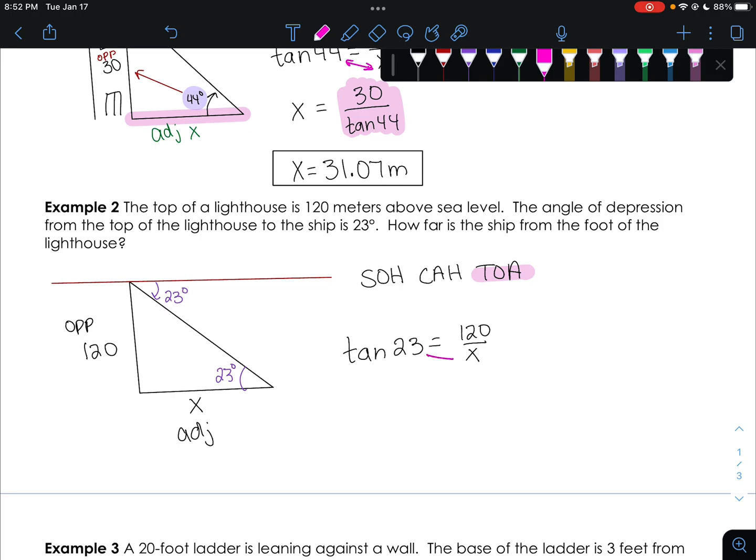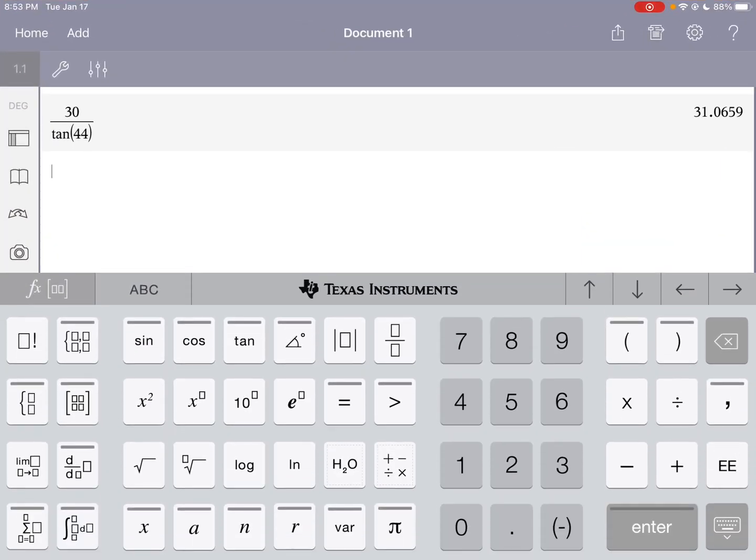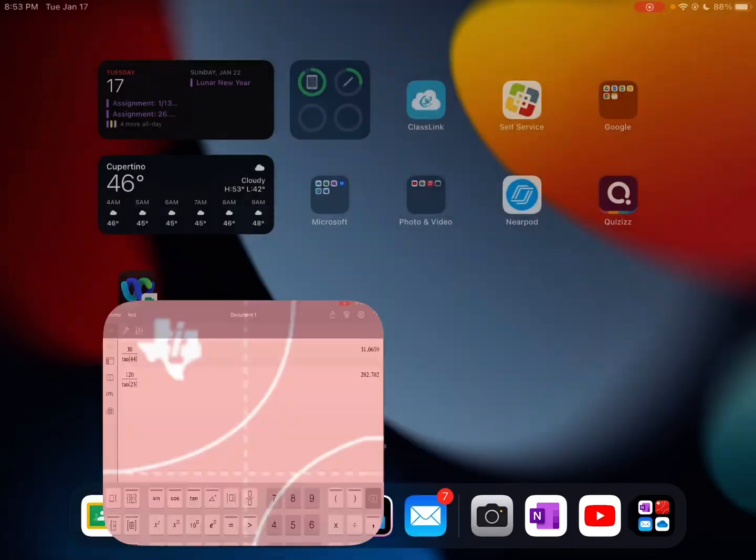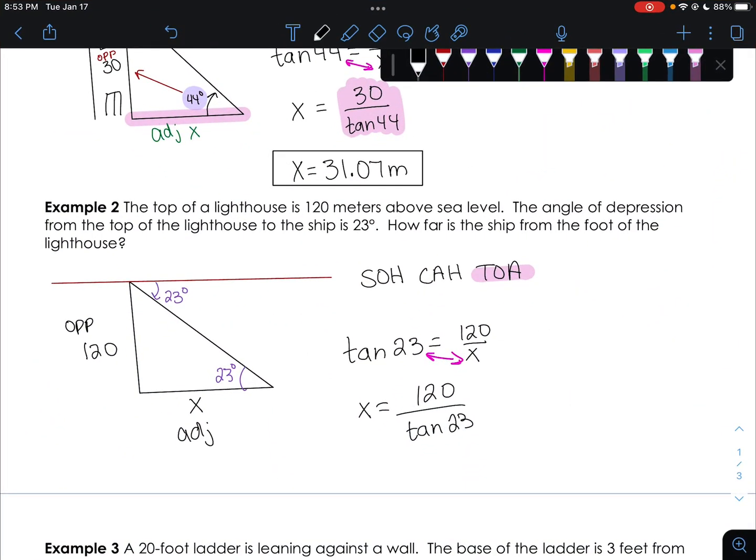Again, I can switch here, so x equals 120 over tangent 23. I'm going to let you type that into your calculator. Let's see what we get. 120 divided by tangent 23, and we get 282.70.